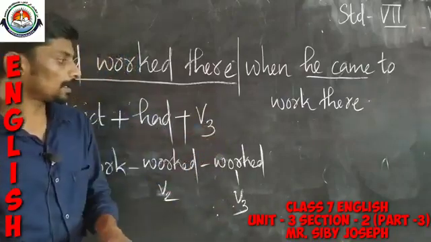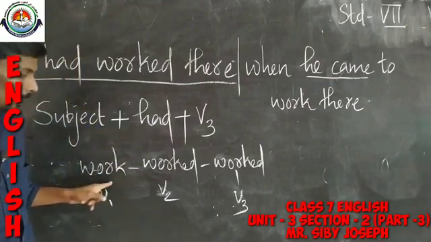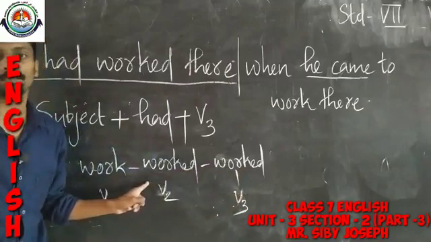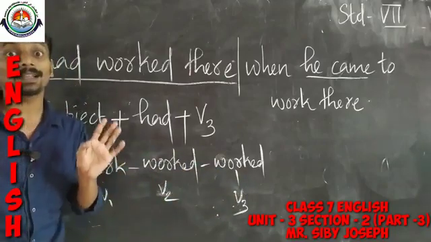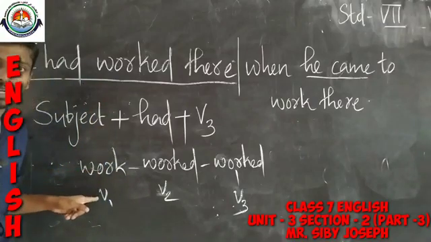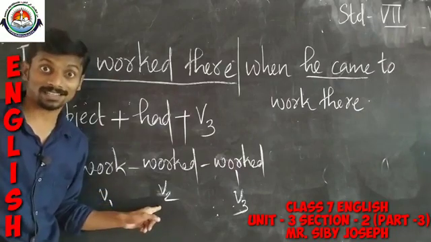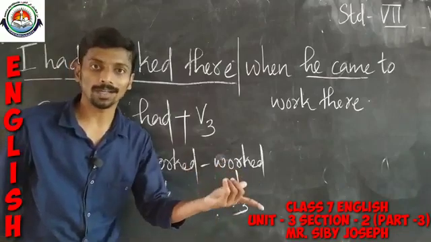Let me give an example. Here the V2 and V3 forms are the same: worked, worked. But look at the example go. Go is V1. What is the V2 form of go? Went. And what is the V3 form of go? Gone.